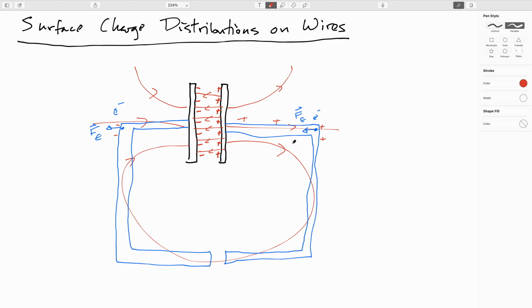And although it's a little tedious to show, you can eventually work out that in this case, where things are disconnected, you have a fairly constant charge distribution along the length of the wire like so, and then the same kind of deal over here.